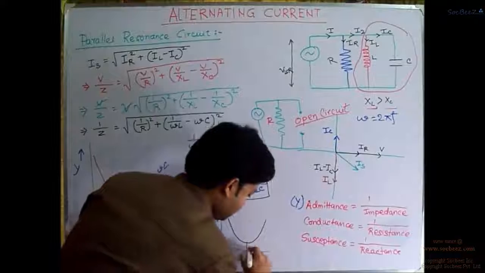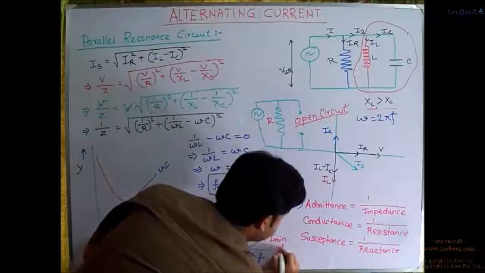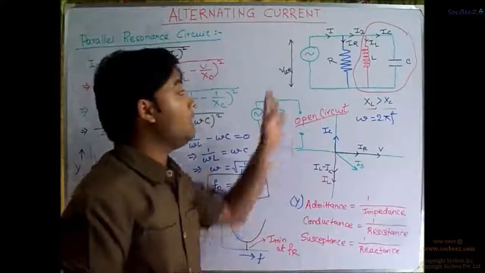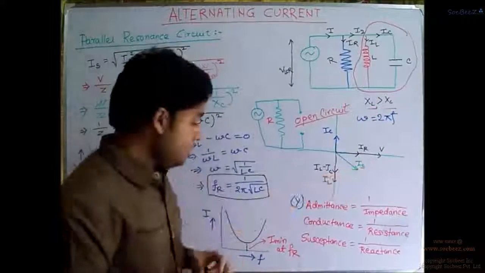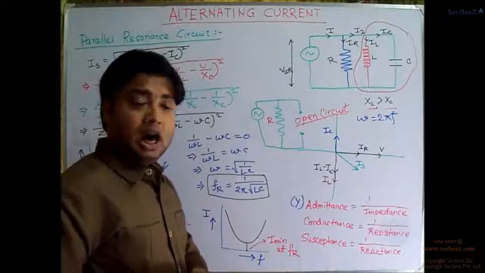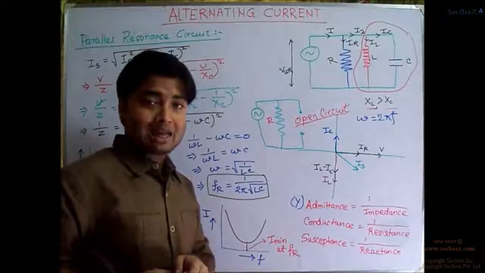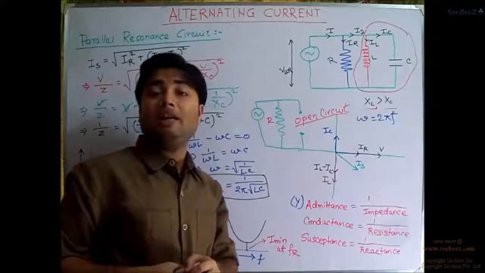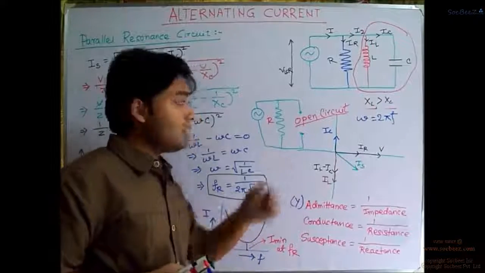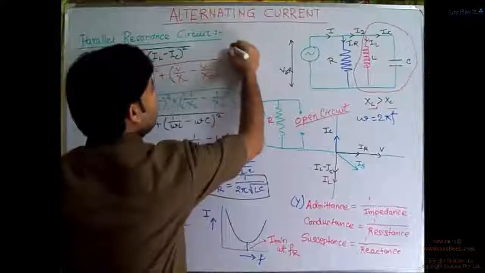This is the I minimum at FR, the resonance frequency, when the arrangement is in parallel. So we are making the I minimum, and just as the series combination of LCR is known as an acceptor circuit, parallel circuits are also known as rejector circuits.